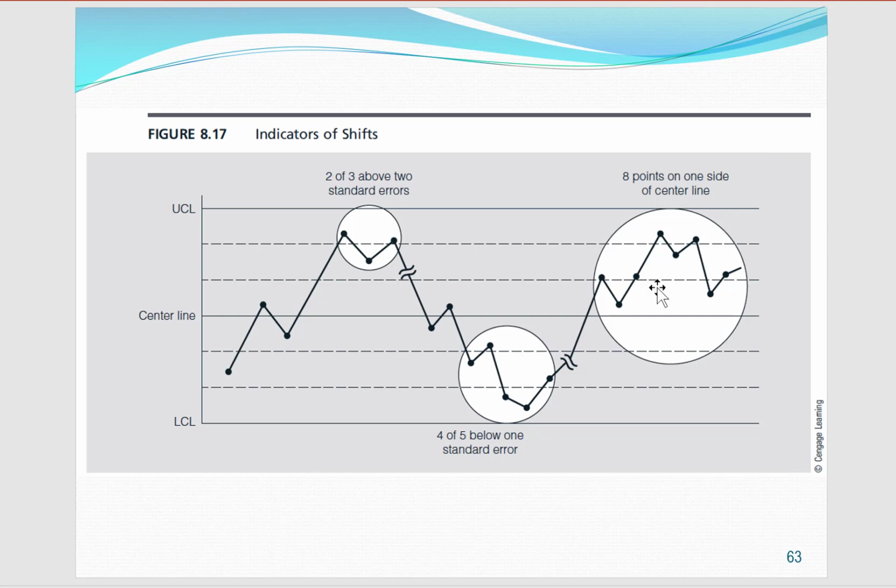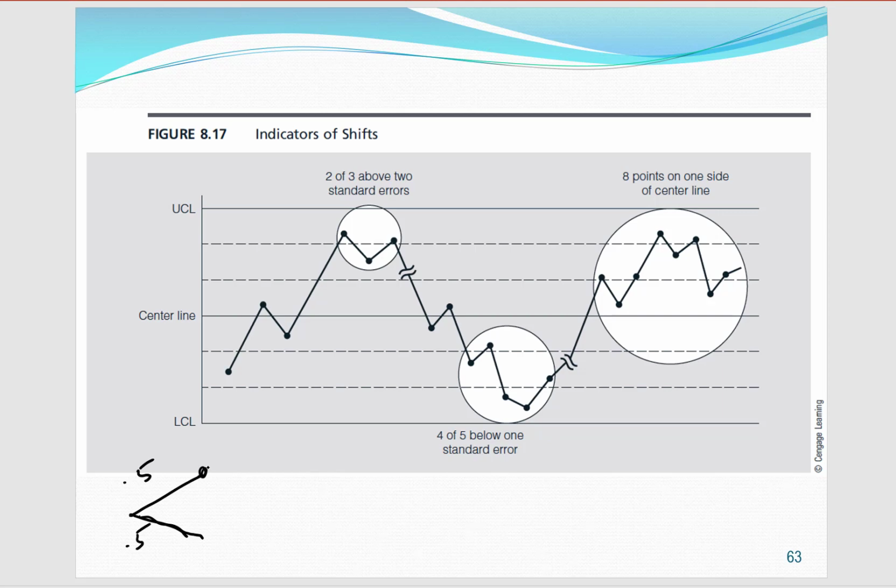This is called a run, and you could have 8 points in a row on one side or the other side of the center line, and that generally is a sign for a cause of variation. And the reason for that is because this is a random process, and so there's a 0.5 probability that your process is going to create a point above the center line.